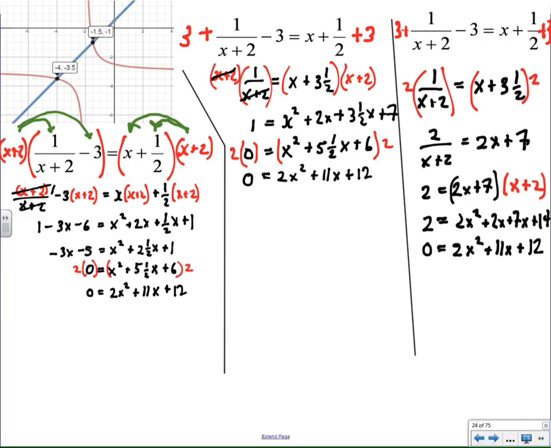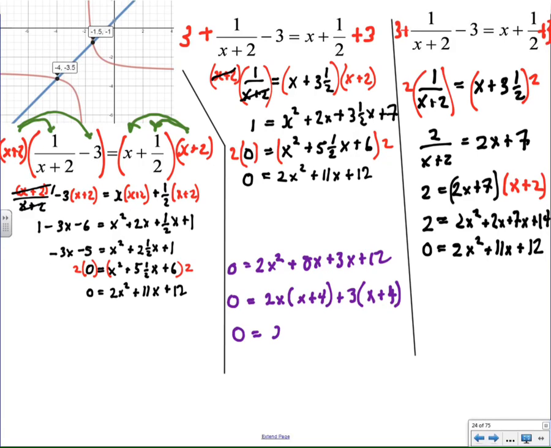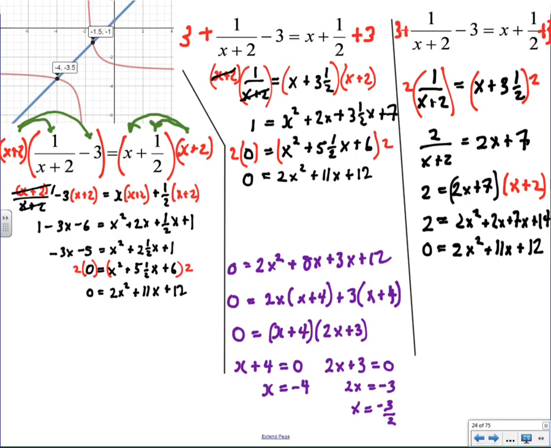So the purpose here is to demonstrate that we can apply the inverses in any order we choose, but which order we choose is going to have an impact on how easy it is to do the arithmetic. Just to finish off, this quadratic expression is factorable, and in factored form I can use the zero product principle now to evaluate x plus 4 equals 0 and 2x plus 3 equals 0, and we see the same 2 solutions here as we did in the graph, no matter what.